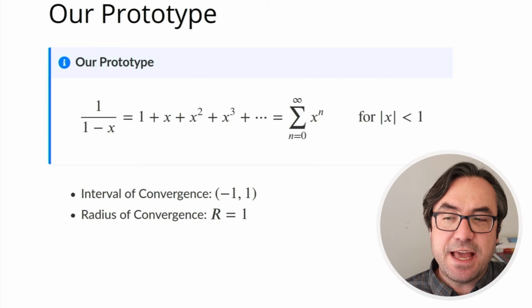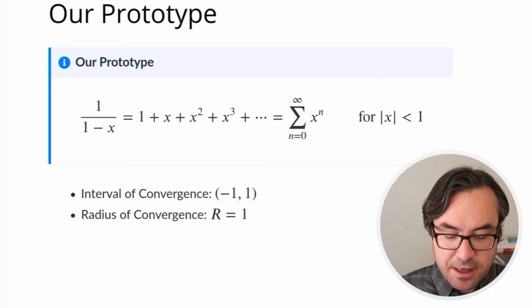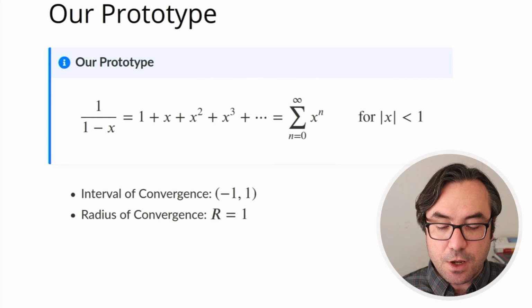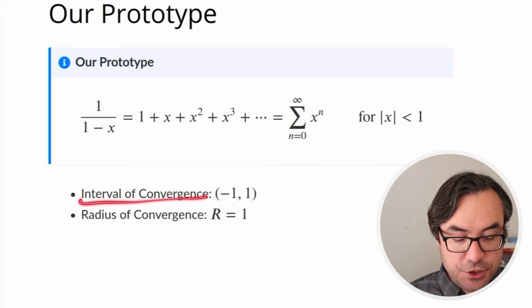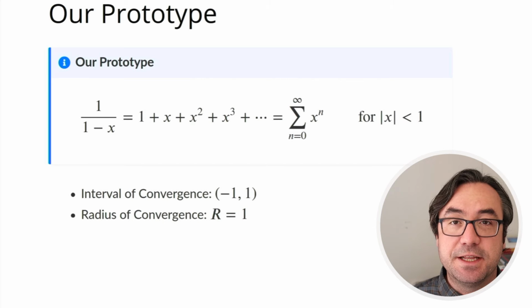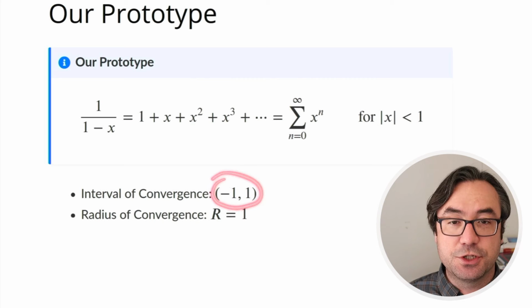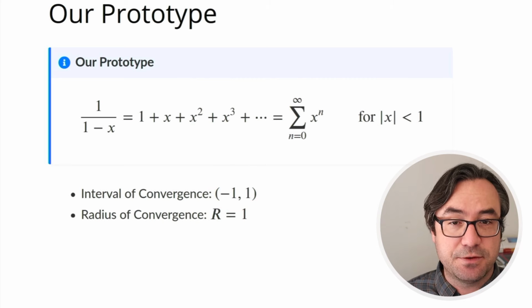And we just have the extra note here that for a geometric series, we know the interval of convergence. So for this thing, it's the absolute value of x is less than 1. So that gives us the interval of convergence, everything between -1 and +1.